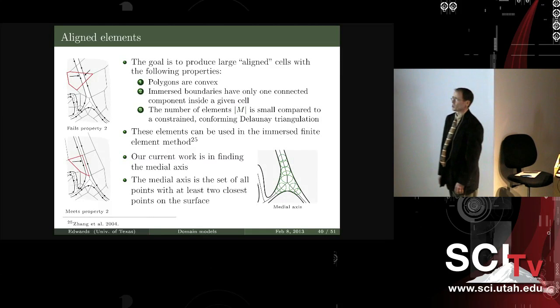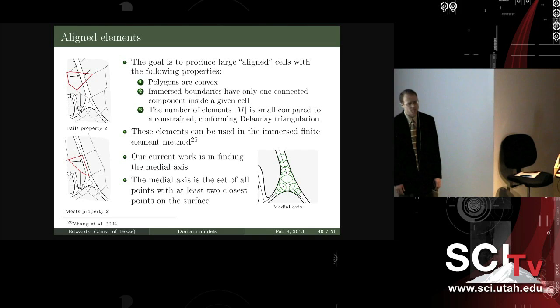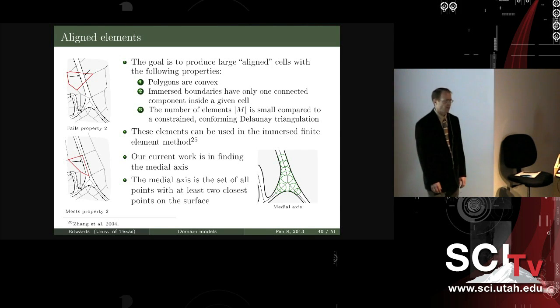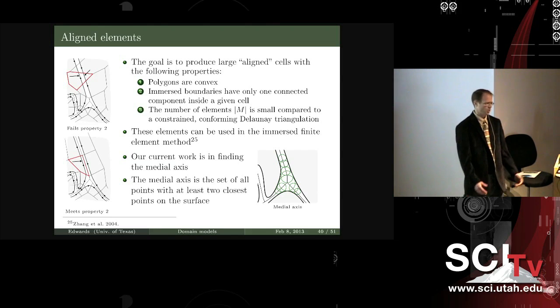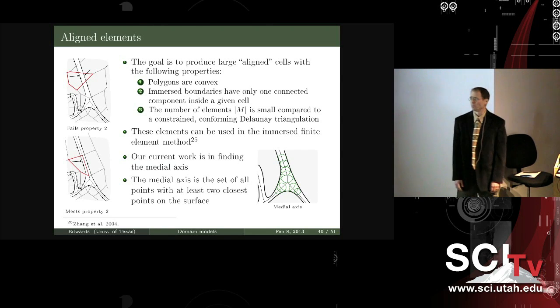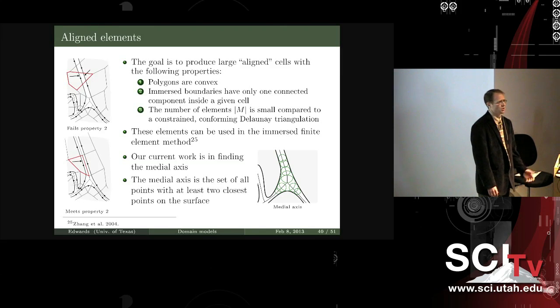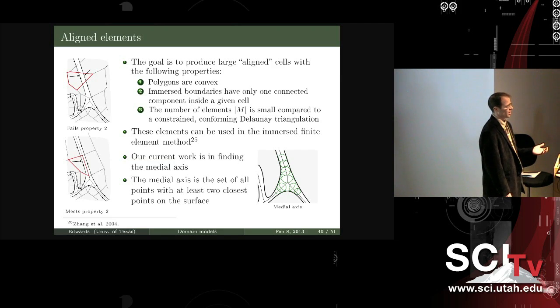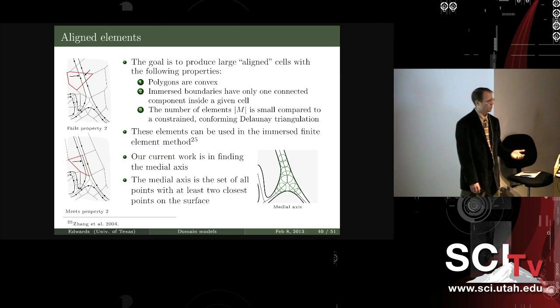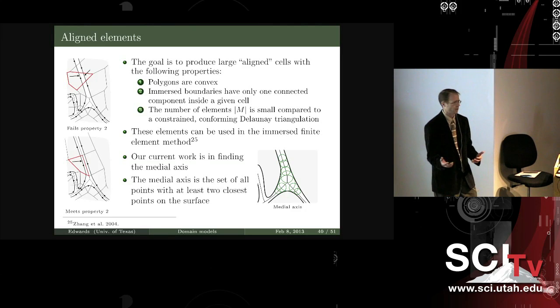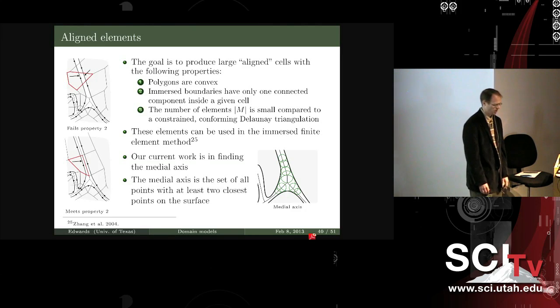So what types of elements are we looking at? We have 3 requirements. The polygons are convex, so that we can produce generalized barycentric coordinates over them. We want to ensure that the immersed boundary, the intersection of the boundary with the cell, produces a single connected component. Otherwise, we're not going to be able to satisfy the boundary conditions.